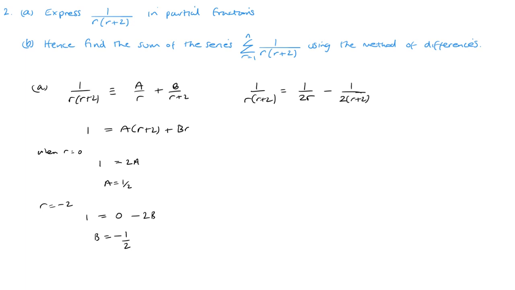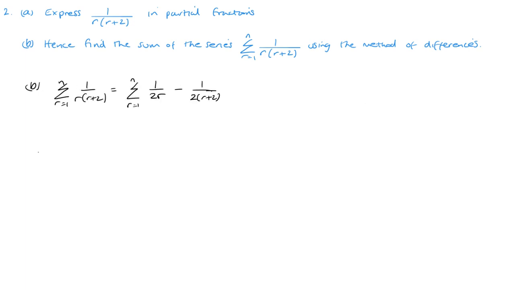Okay, because that's the half being put in here. So that's part A done, and we're going to use this now in our part B. So I've written down obviously the sum and then what the equivalent of it is in terms of the partial fractions. And now let's look for our pattern. So substituting 1 in, we get 1 over 2 times 1 minus 1 over 2 times 3.